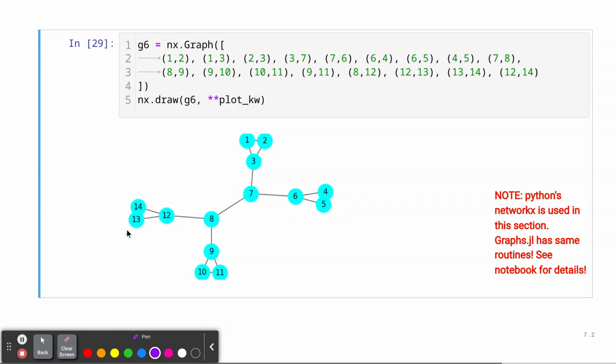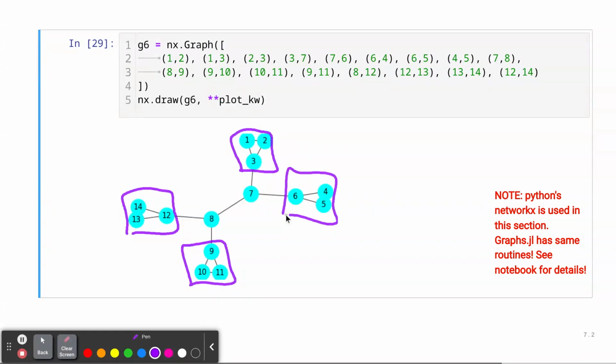All the other nodes, so anything in these kind of outer clusters, has a score of 0. There are no shortest paths between any 2 nodes in the graph that have to cross, say, the edge 6, 7, 6, 4, or 6, 5. Excuse me, 6, 7 was, but no shortest paths have to go through 6, 4, or 6, 5, or 5, 4.